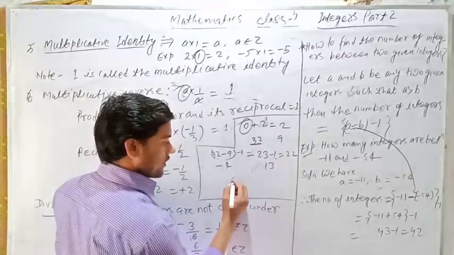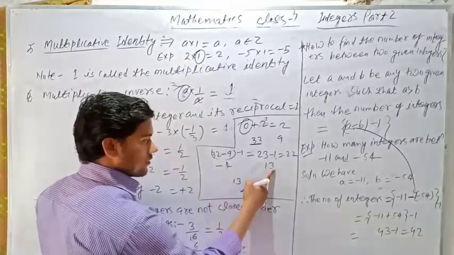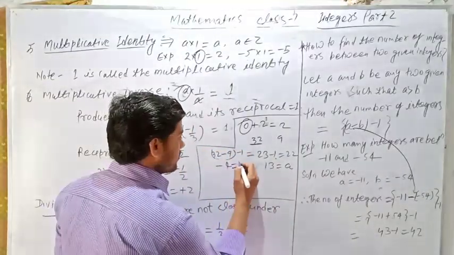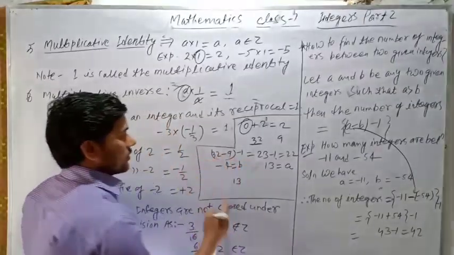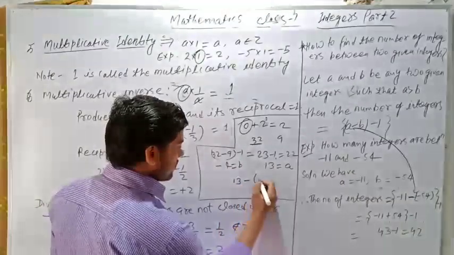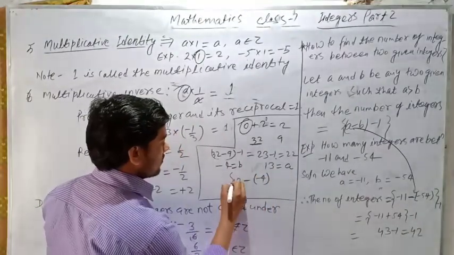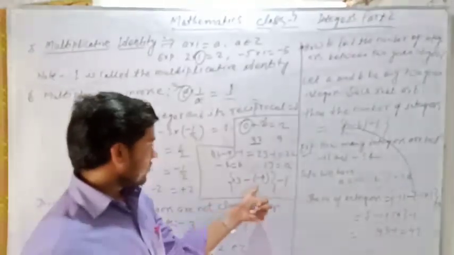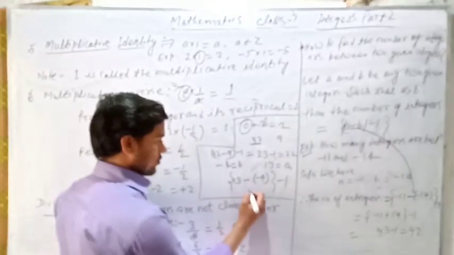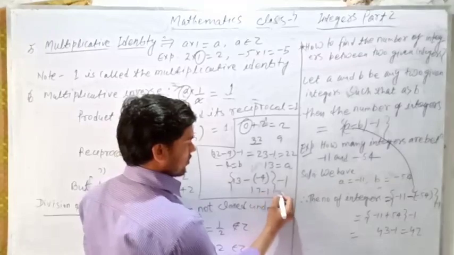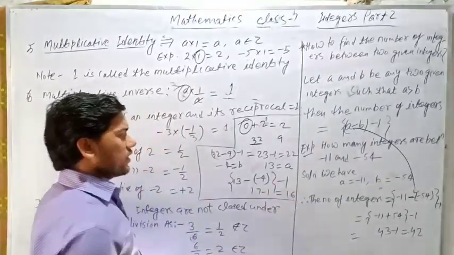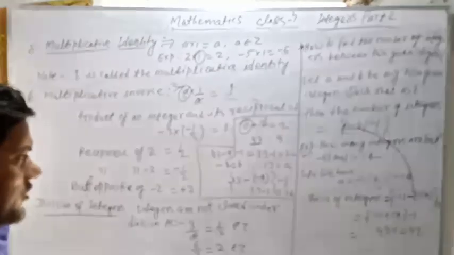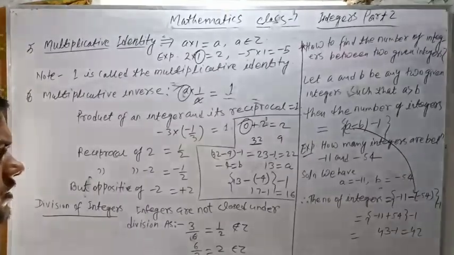So 13 is greater, so let 13 be A and minus 4 be B. A minus B minus 1: 13 minus of minus 4, 13 plus 4, 17, minus 1 is equal to 16. There are 16 integers between minus 4 and 13.